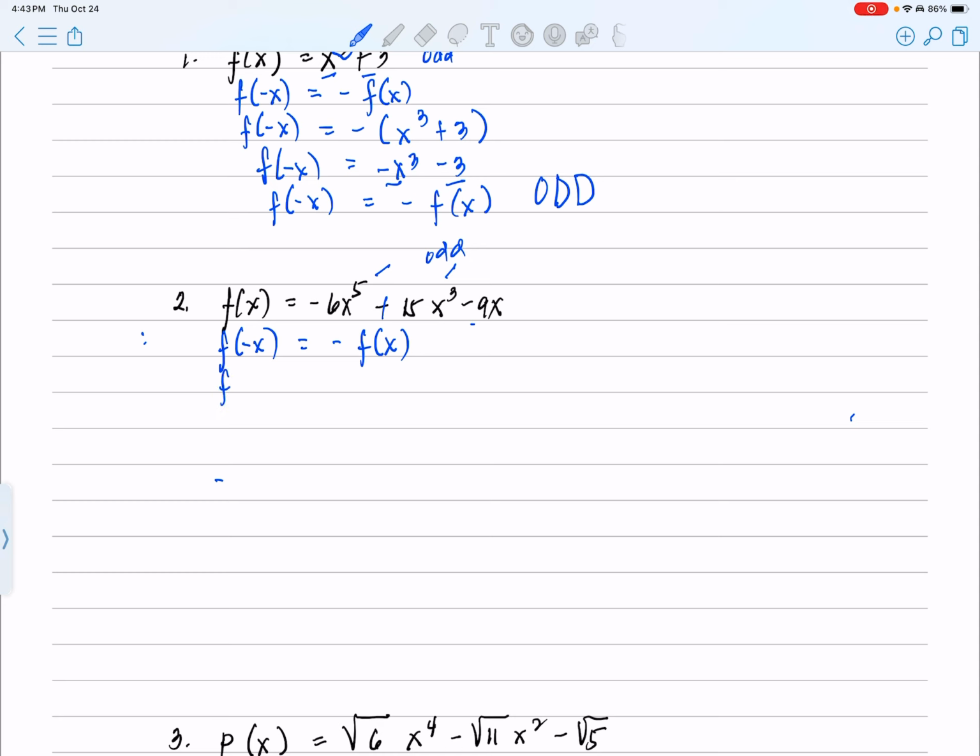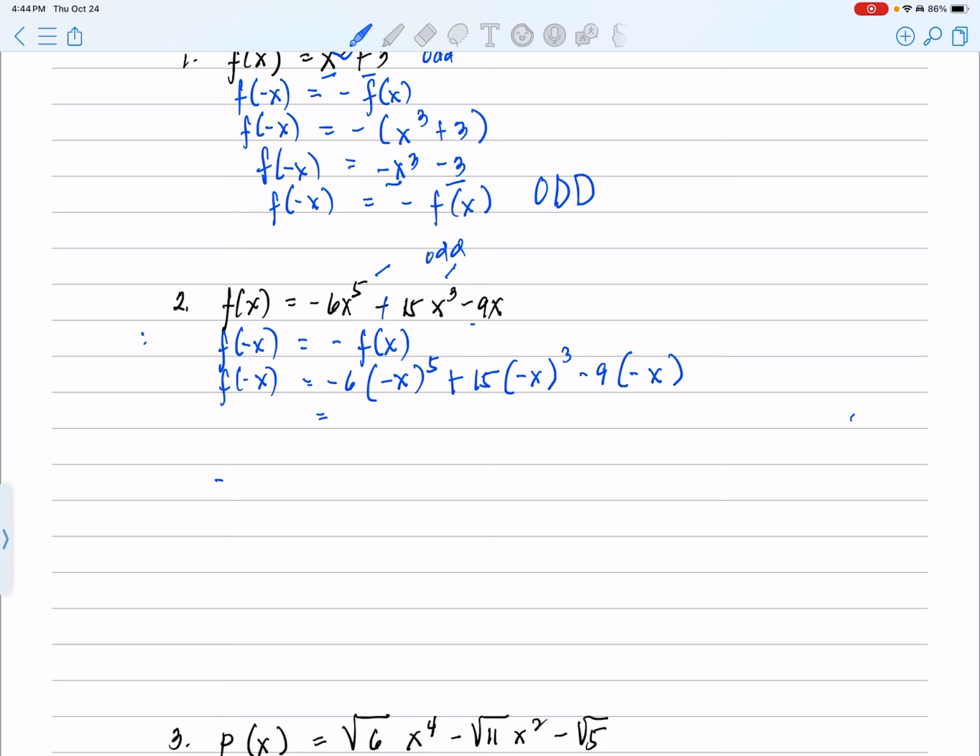So since I have terms that have a power here, I will substitute the negative x first in the function, plus 15 times negative x cubed minus 9 times a negative x, and try to check.